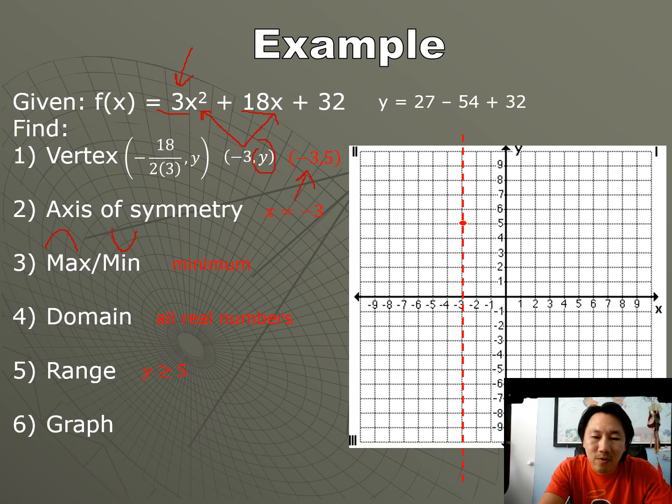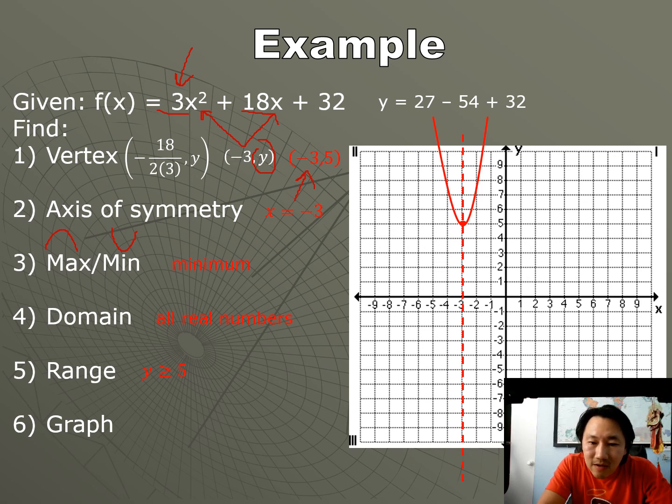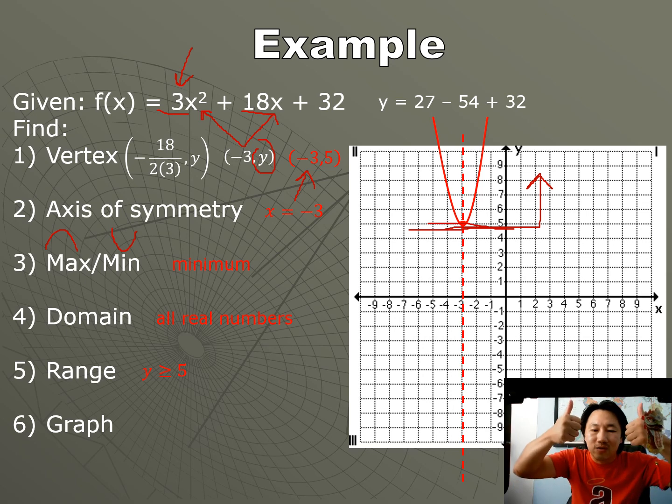And then here's our parabola, happy face. So it goes up and in the x direction forever. And then the range, the y, is from positive 5 and up. And so that's why the range is y is greater than or equal to 5. And then there's our graph.